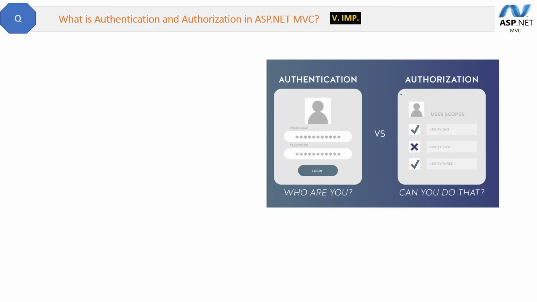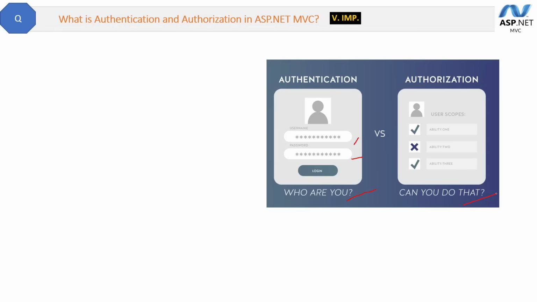See the diagram here. Authentication identifies who you are. When you enter your username and password, either the system will authenticate you or it will not, so there are only two outputs, true or false. On the other hand, authorization is checking your rights to do a particular thing.